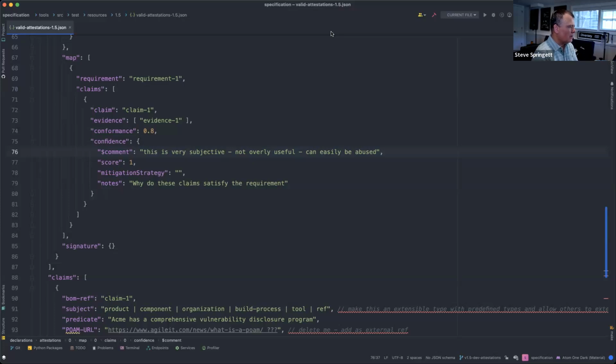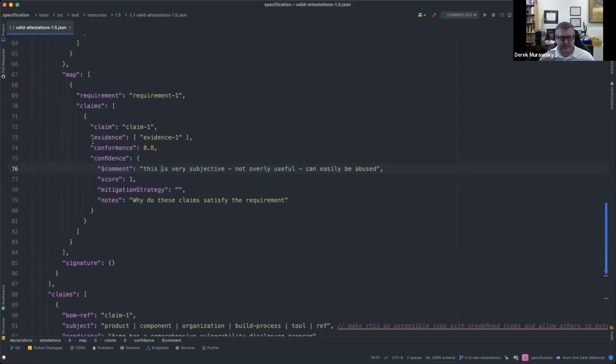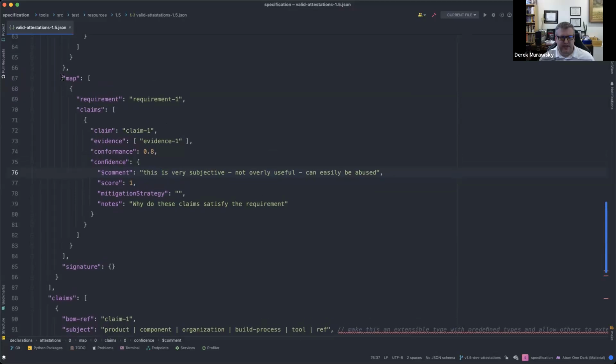Okay, where did we leave off last time? That is a very good question. We had gone through the mapping pieces. We thought that this would work well. We had talked about separating out the requirements so that those could be published as unique documents by the owners of the actual requirement set.